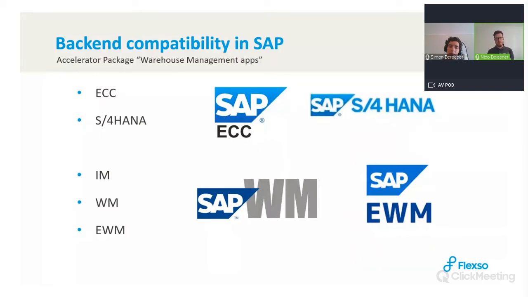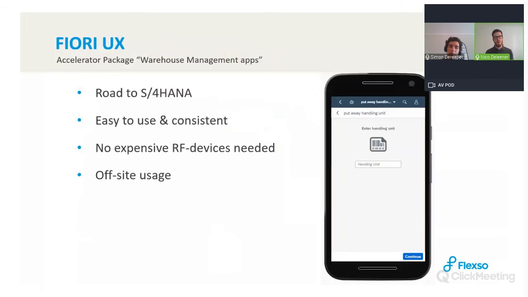And then we also mentioned the UI. In the UI, we use Fiori UX. And why are we doing this? Because SAP has been pushing this for years now, and it's a very proven UI technology for them. You see this also in their road to S4HANA: move everything to Fiori. So why not do the same here and leverage everything that SAP is doing there?